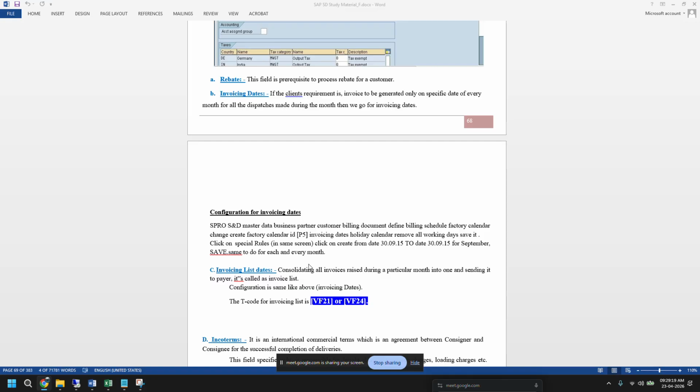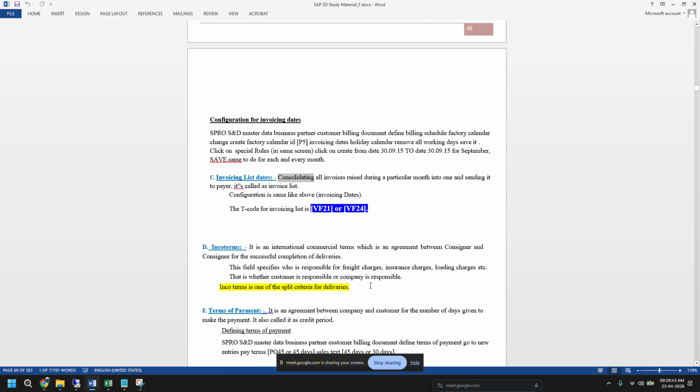That kind of requirement also comes from the customer. In business, it happens actually. So that you maintain in the invoice list date. What will happen? For that particular month, the system will consolidate all the invoices and create only one invoice collectively.